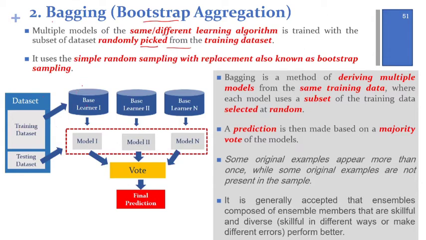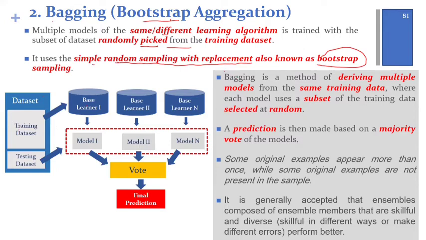We say those are out of bag. The basis of bagging is that it uses simple random sampling with replacement, which is where the name bootstrap came from. That is the idea of bootstrap sampling, and it's one of the major attributes of bagging.